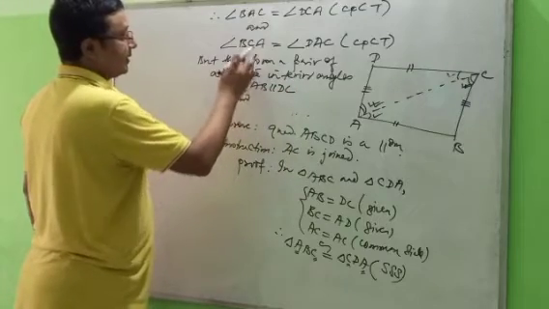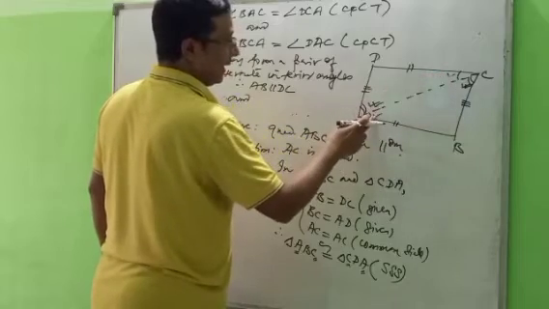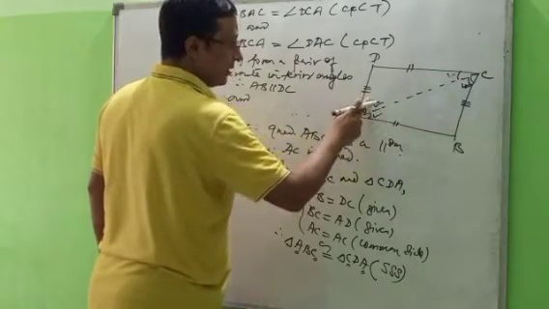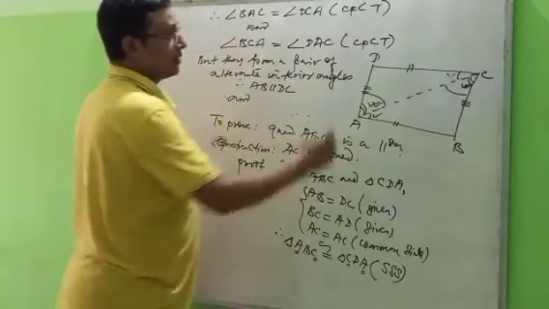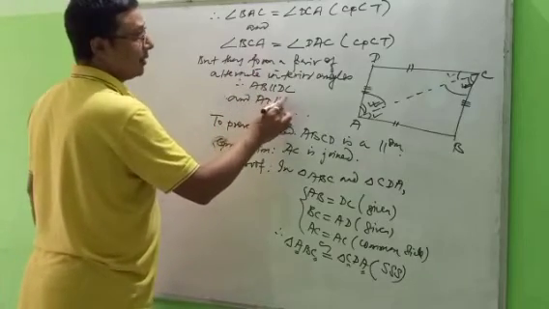And since these two angles are equal, they form a pair of alternate angles. That is why AD is parallel to BC.